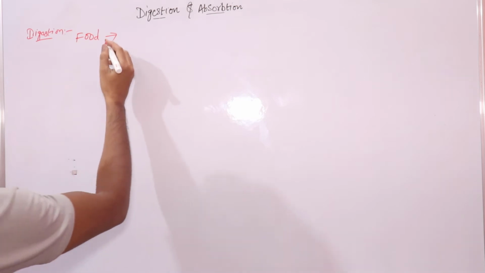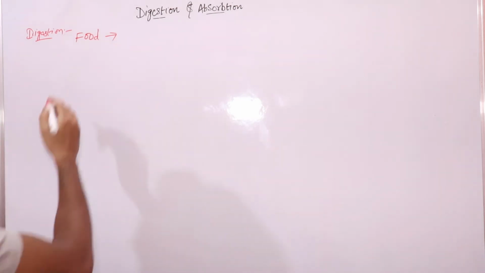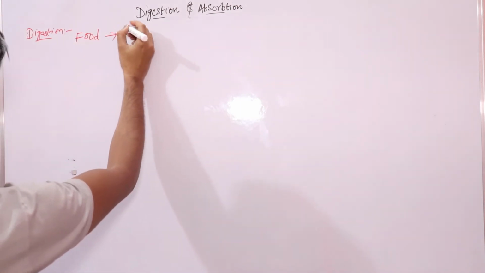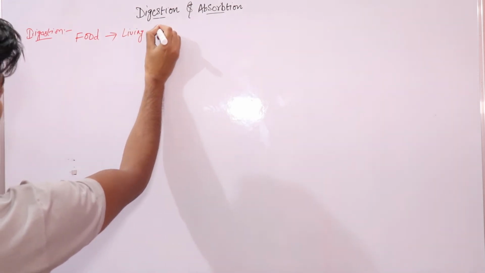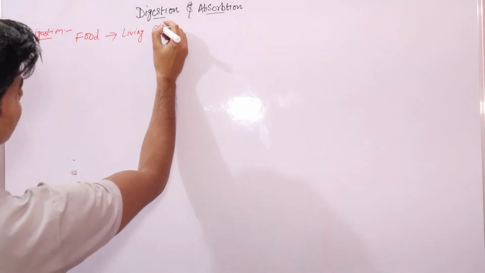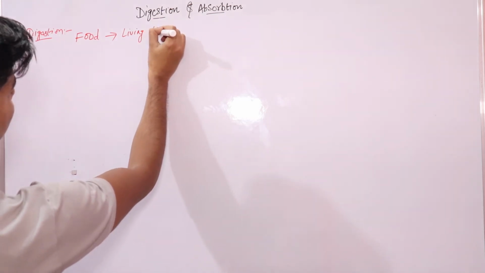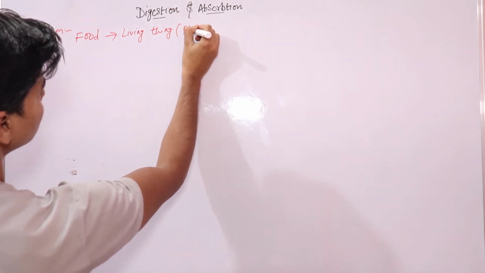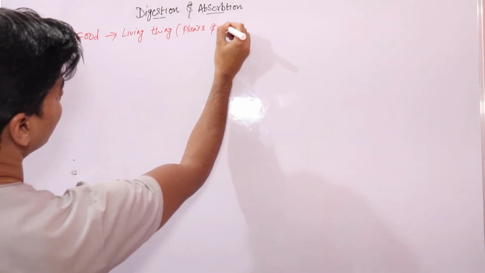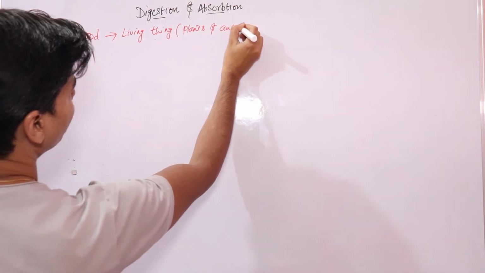So food that we eat is nothing but living things, right? Which consists of your plants, vegetables and animals, right?